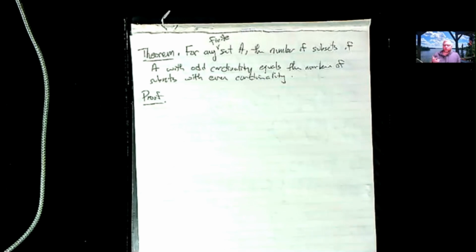So the law of universal generalization says I'm showing something is true for any set at all. It could be a set of colors, it could be a set of people, it could be a set of numbers, polynomials, matrices, whatever the set is, it doesn't matter. Okay. So what do I need to do? The law of universal generalization says if you want to show something is always true, you start by saying, let's look at a generic one, an arbitrary one, and see if I can show it about that.